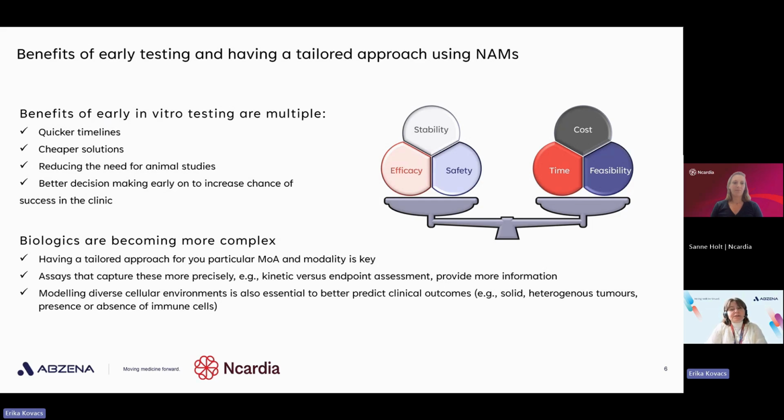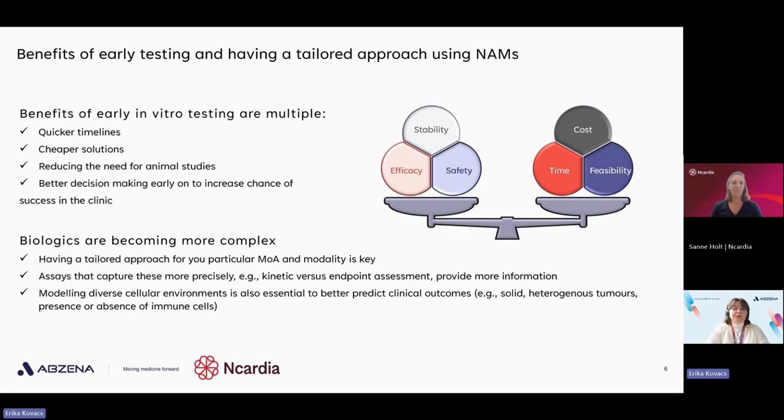So biologics, the other aspect that we have to consider is that biologics are becoming more and more complex. And that means that having an assay that is tailored for your particular MOA and modality is really key. And NAMs are very flexible, and in this sense can be tailored quite well to these very particular modes of action.